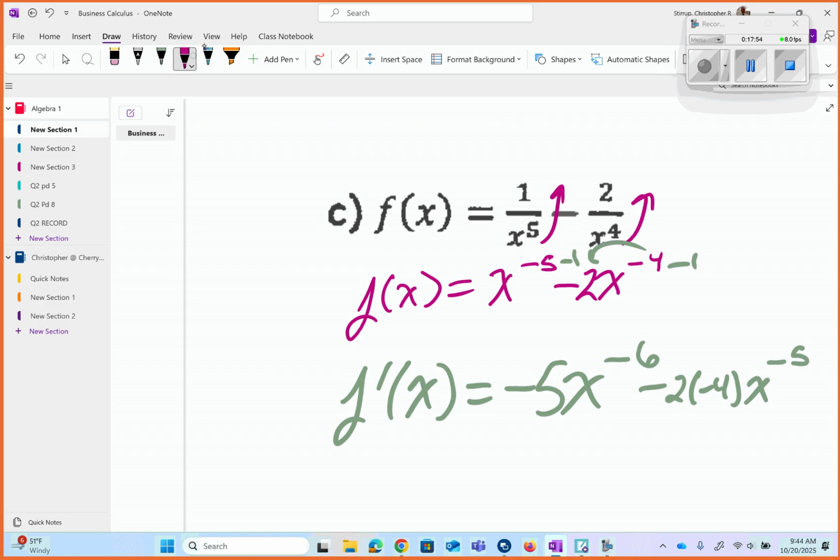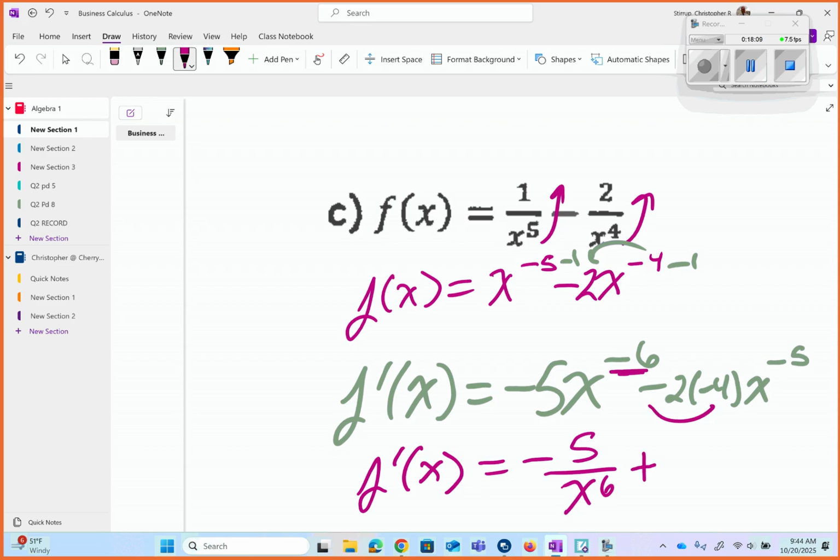Now we can clean it up a little bit. Remember if I said you have a negative exponent, you can move it back down. So I'm going to get negative 5 over x to the 6th. Negative times negative is positive. I'm going to move this back down over x to the 5th. And we've just taken the derivative.